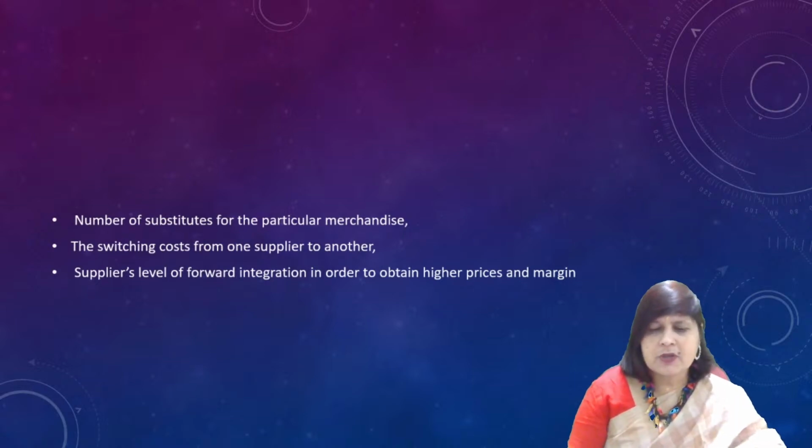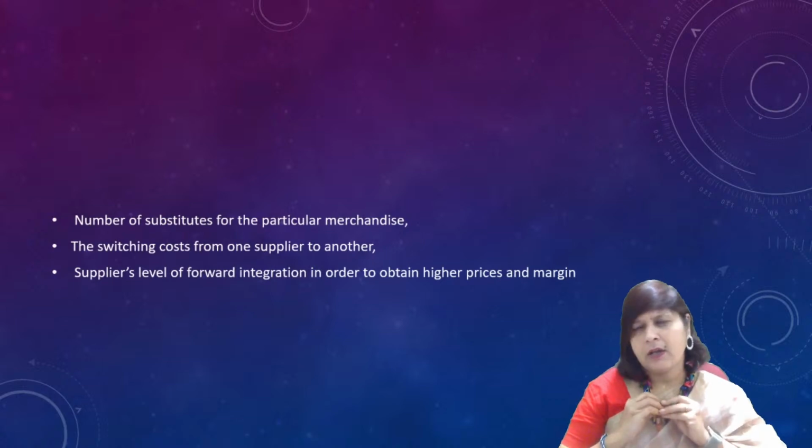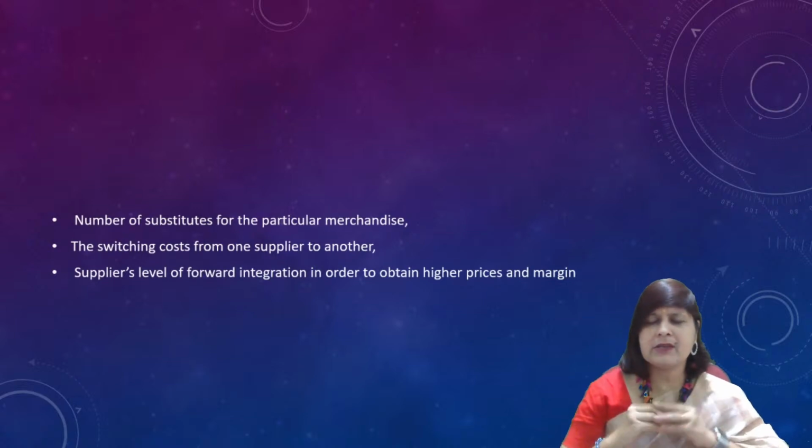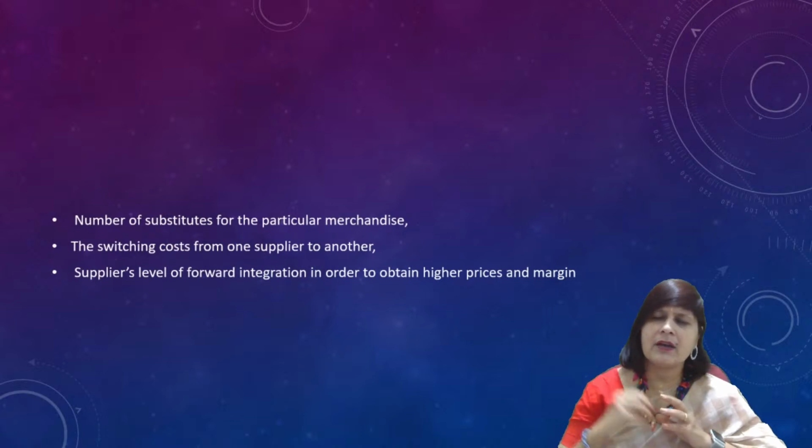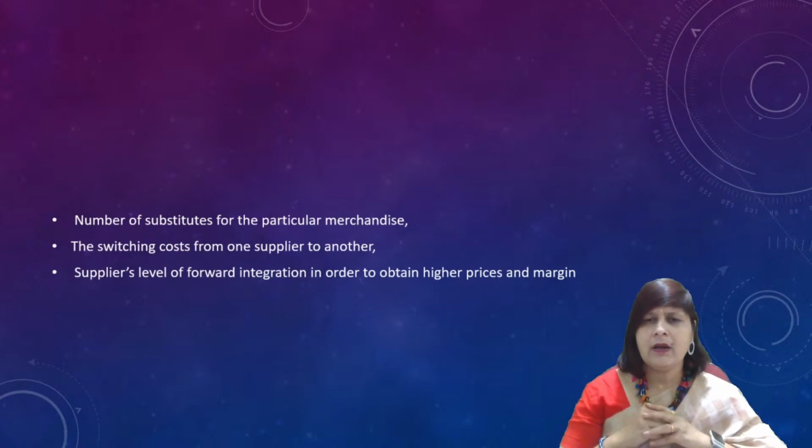If there are substitutes available for my product, then I'll think at what price I should sell my product. If I keep the price of my product on the higher side, then people will switch to another product because substitutes are available. Then there is the switching cost from one supplier to another.